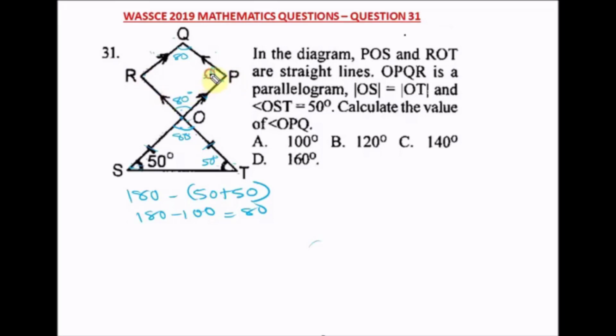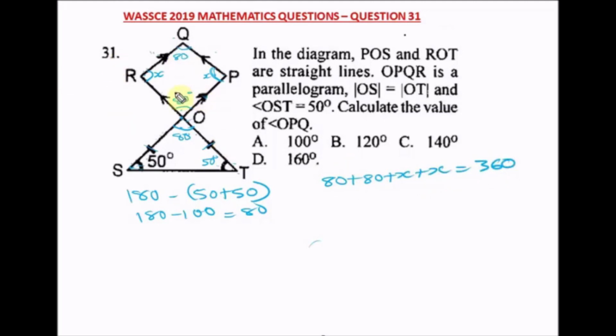So let's make this angle x. If this angle is x, this angle is also x. And remember, the sum of angles in a quadrilateral, which a parallelogram is, equates to 360. So when we add up all this, we equate it to 360, so we can get x. So we have 80 plus 80 plus x plus x is equal to 360.